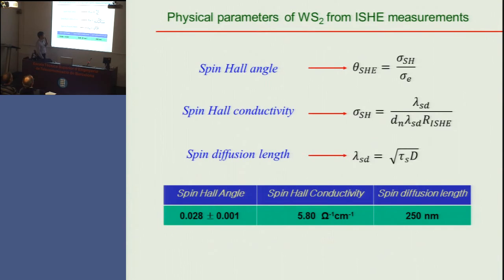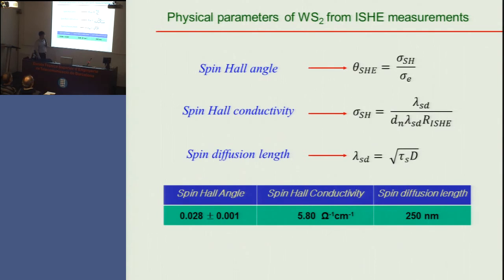The most important parameter here is the spin-Hall conductivity. Compared to other materials, this is quite strong, almost corresponding to tungsten. Tungsten has a very heavy atomic number, so they expect very high spin-Hall conductivities.